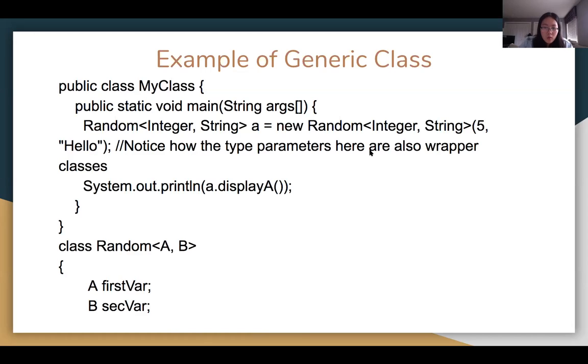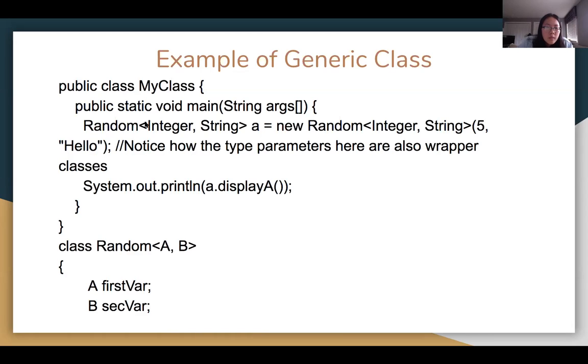Just notice how the type parameters within here are also wrapper classes. If you think about it, this looks a lot like something we learned before, like ArrayLists, HashMaps, HashSets, TreeMaps, those kinds of things. You can see it looks very similar to that. That's because ArrayLists, HashSets, HashMaps, TreeSets, and TreeMaps are all what we count as generic classes.